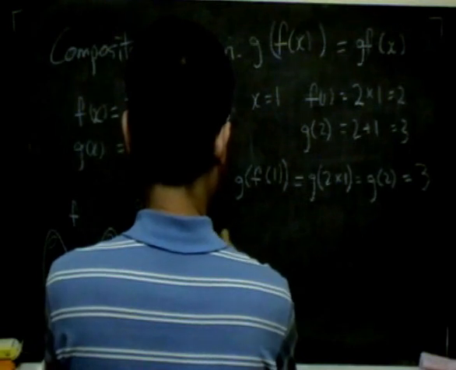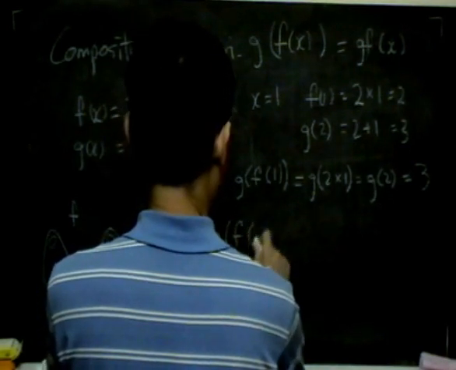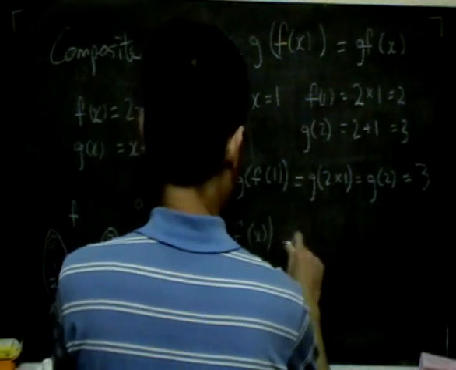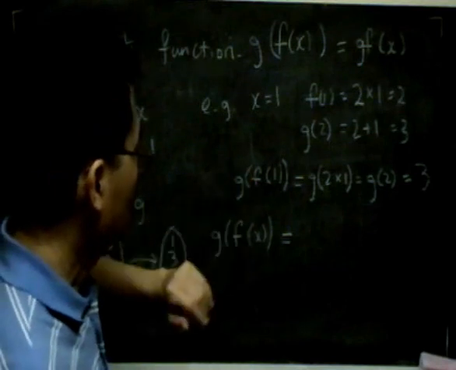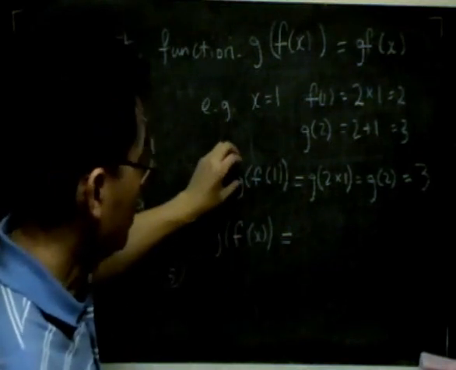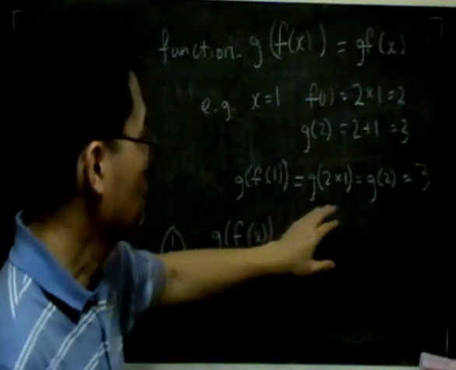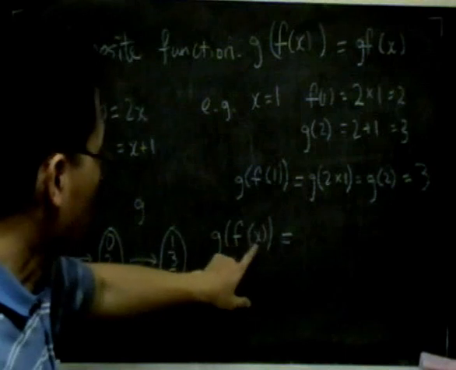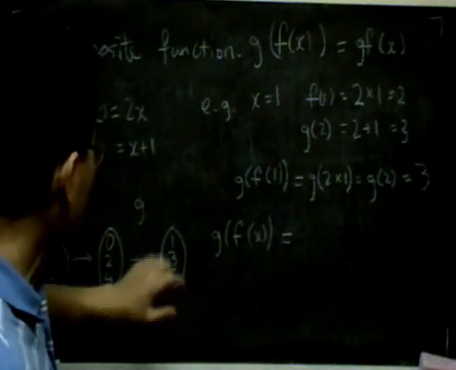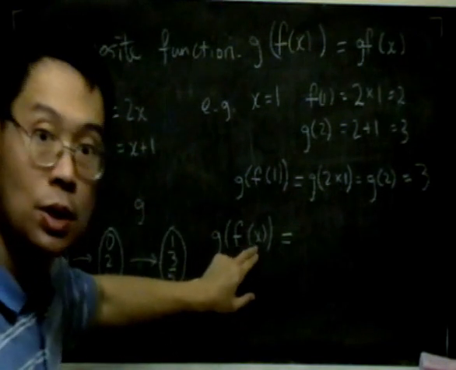So g f of x I'll write here as g bracket f bracket x. Finding the formula is quite straightforward. We would follow similar steps to when we do the calculation. So I would substitute f of x, the formula 2x, into this expression.